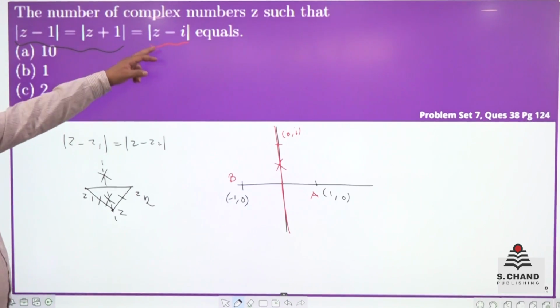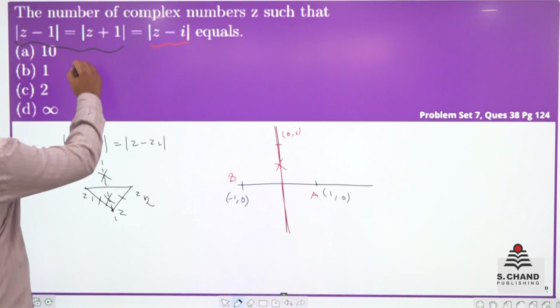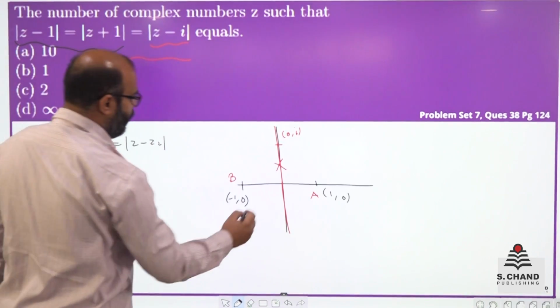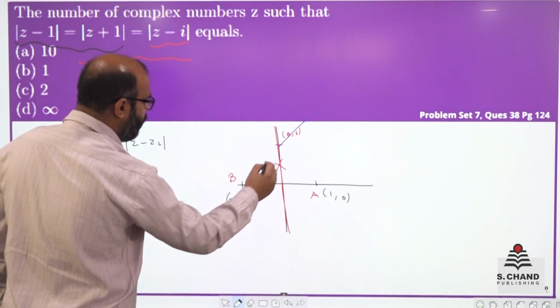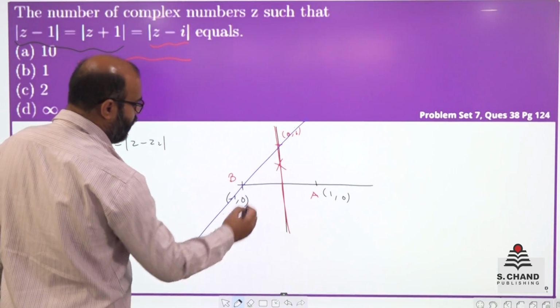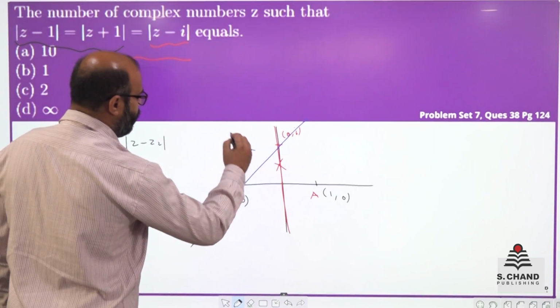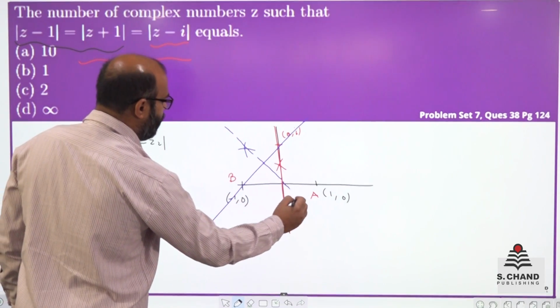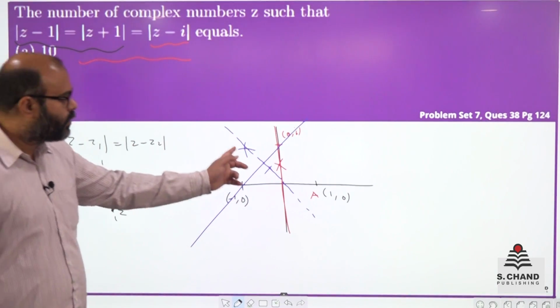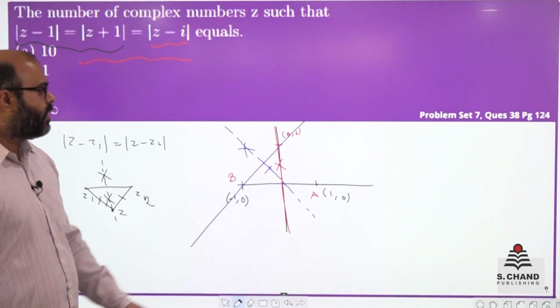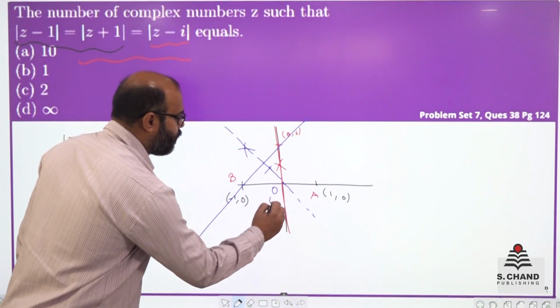So Z's distance from iota is equal to Z's distance from minus 1. So this line segment has a perpendicular bisector, and this perpendicular bisector will pass through the origin. So the red line and this blue line, which is at some angle, are intersecting at the origin.